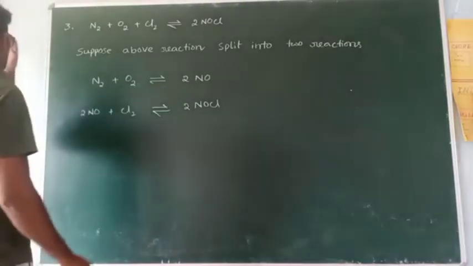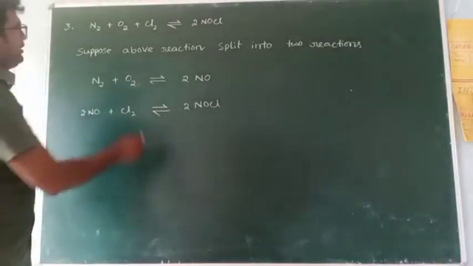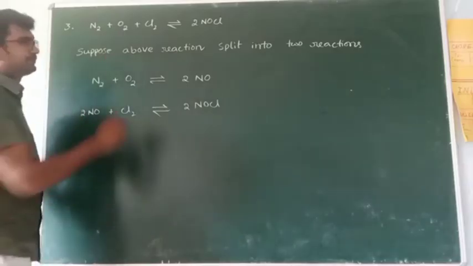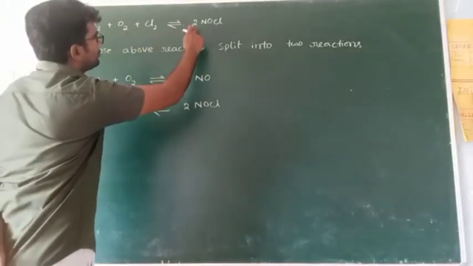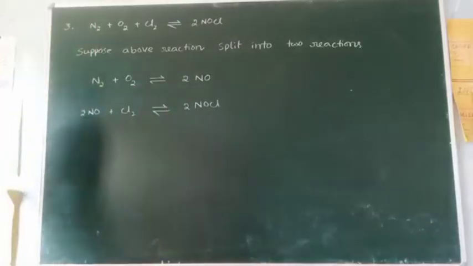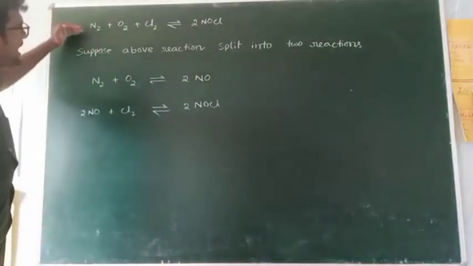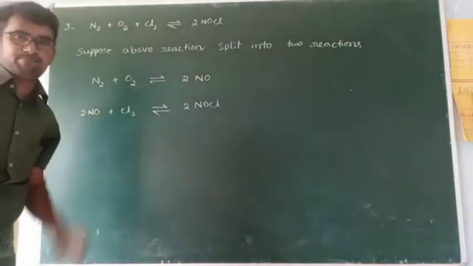Next model, stoichiometric representation. For example, this is one reaction: N2 plus O2 plus Cl2 gives rise to 2NOCl. This reaction is completed in one single step.